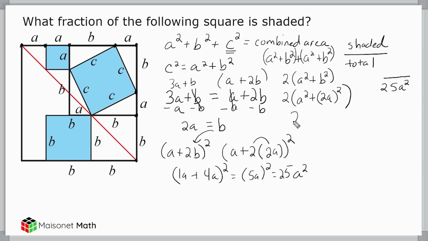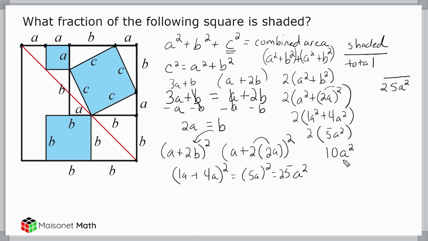So we're going to write 2 times, all right, if we square 2, that's 4, so that's 4A squared plus our 1A squared right here. So we have to double 5A squared, which is equal to 10A squared.